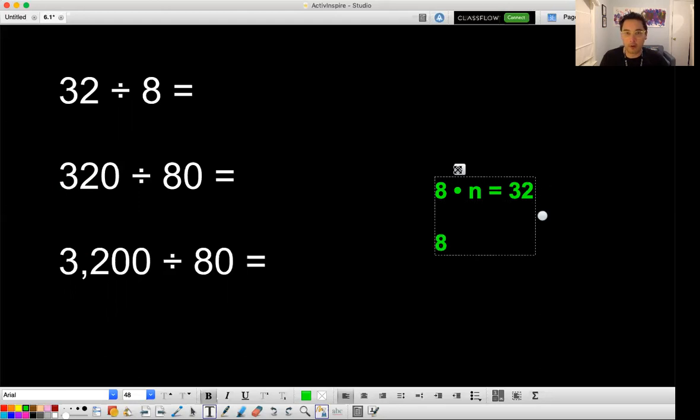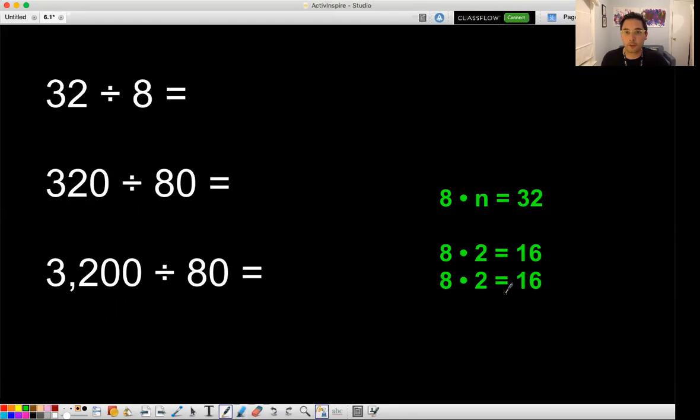I know 8 times 2 is 16. And let's just see if I did another 8 times 2. 8 times 2, again, would be 16. So now I can add 16 plus 16 to get 32.